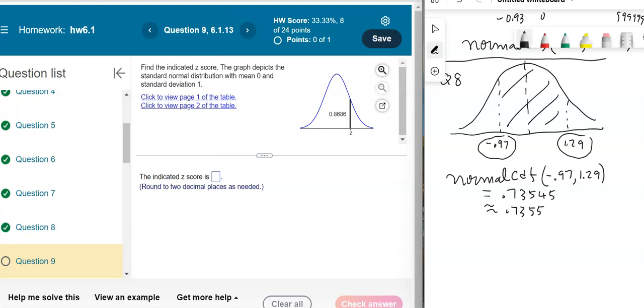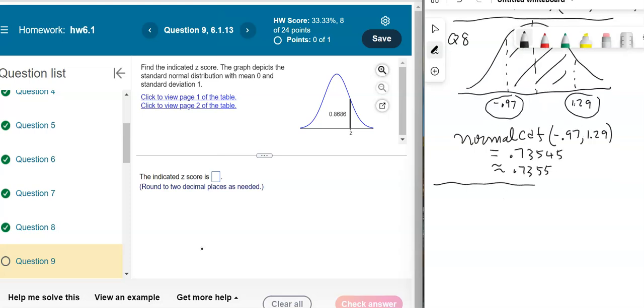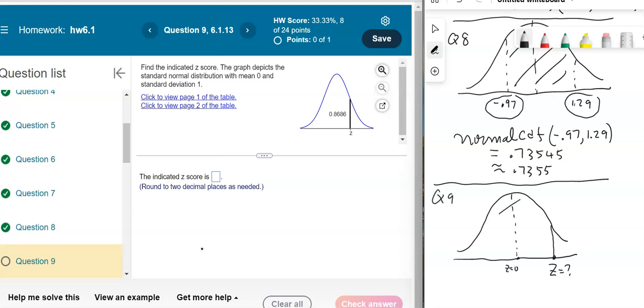Now this time go backwards. This is question number 9. What that means, they give you the area, and they want you to find the z-score. This z equals 0 over here. Now this area is given as 0.8686.